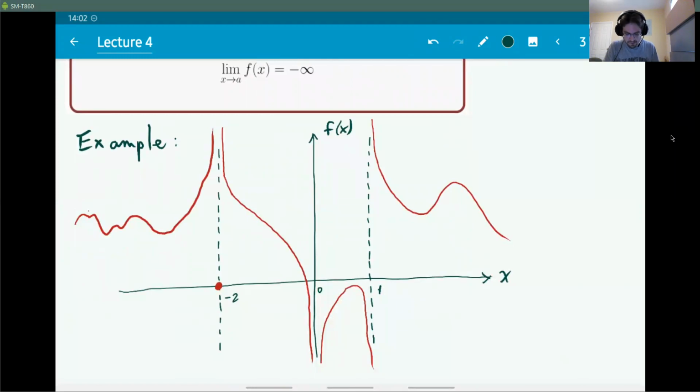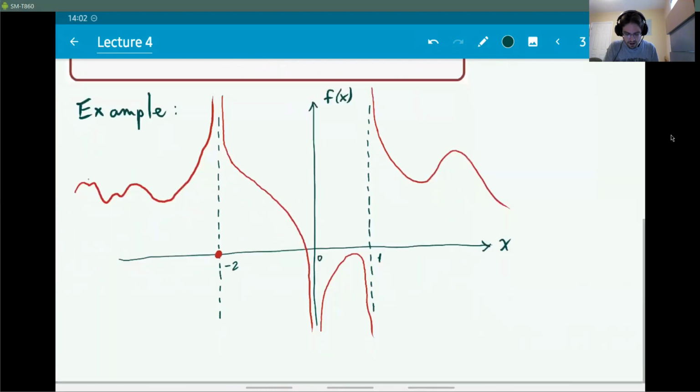So I just gave you a crazy graph here. And there are basically 3 vertical lines around which we can see the function is exploding in size. For this particular function, f of -2 is defined to be 0, but the value of the function there actually does not matter.